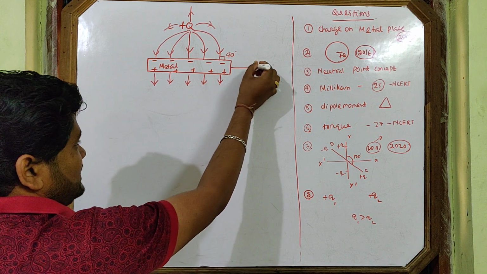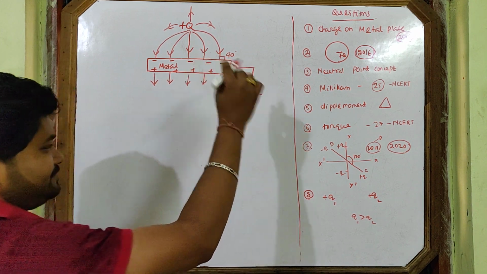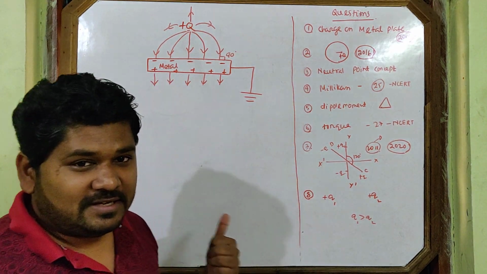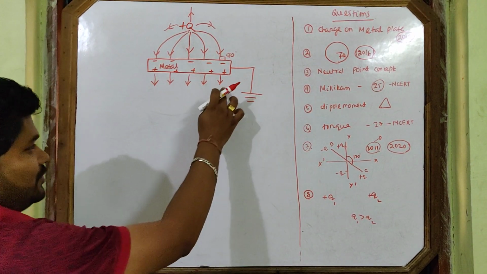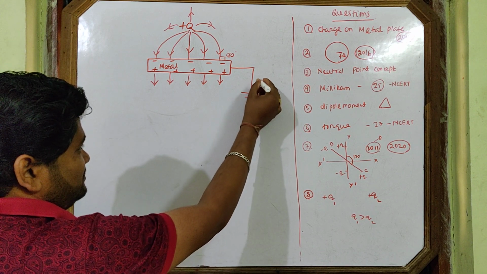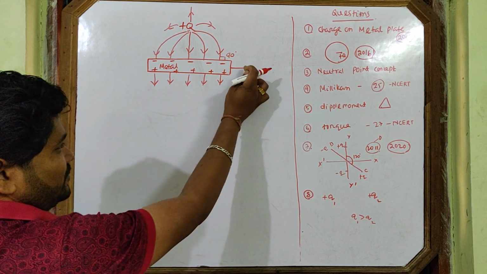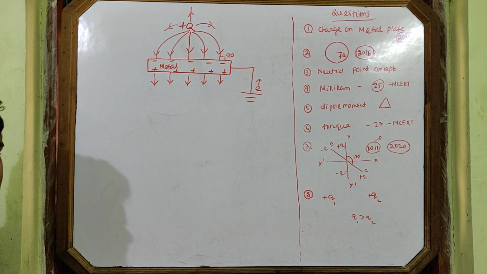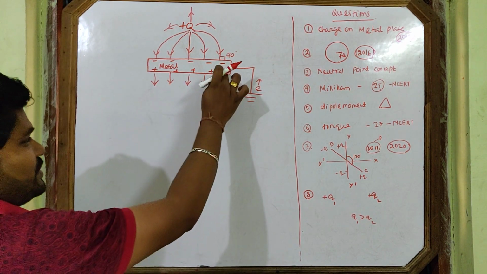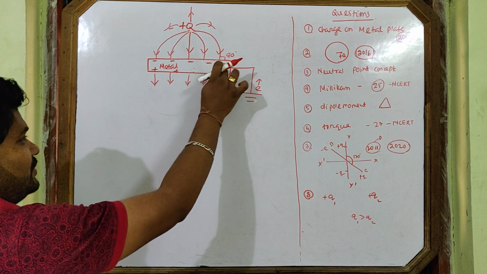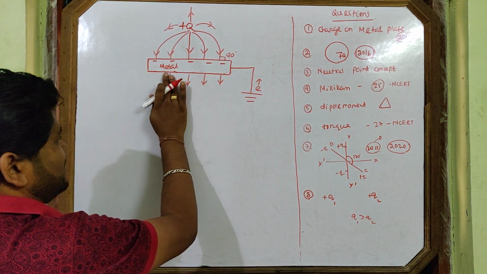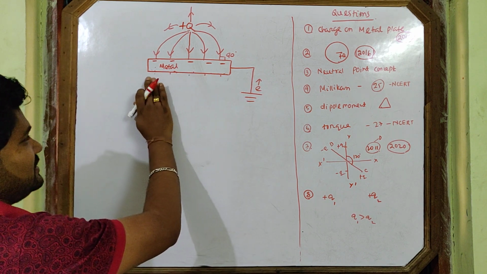Suppose this metal plate is connected to earth. If the metal plate is connected to earth, then what happens? Electrons come from earth through the wire and neutralize the positive part. So no positive charge will be here, and this part will be erased.